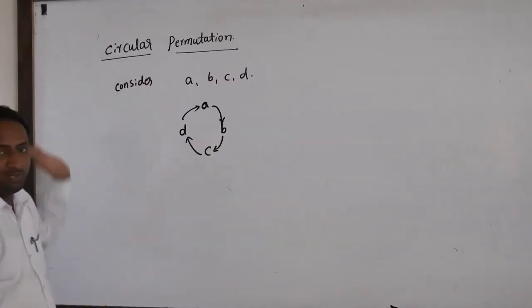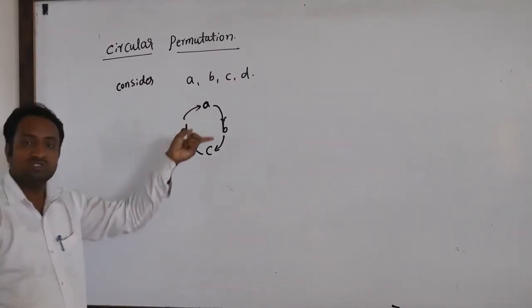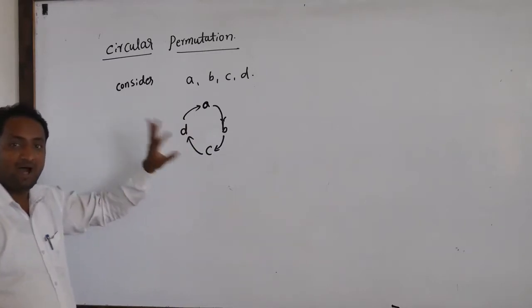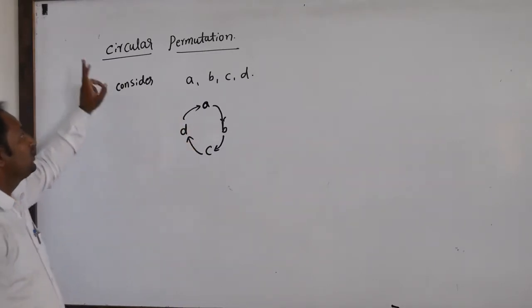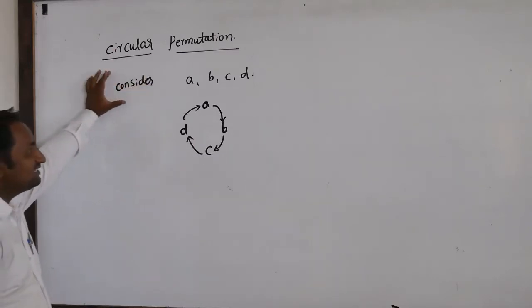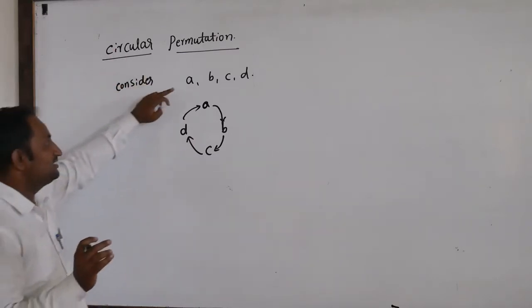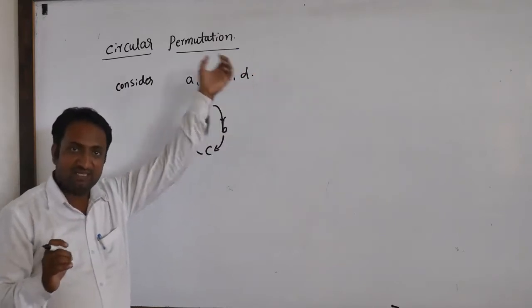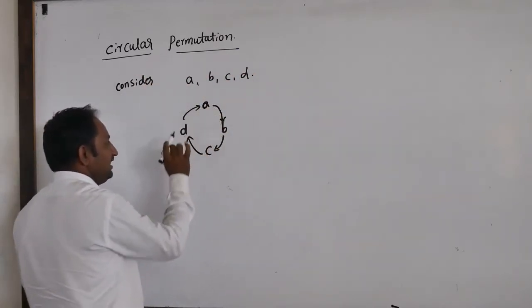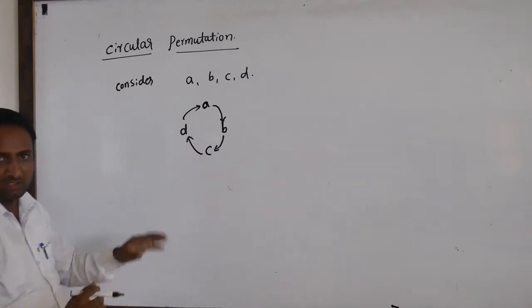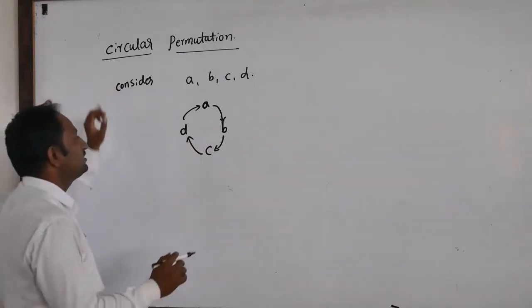Circular permutation means a closed path or circular path arrangement of given things. Consider the four elements A, B, C, D arranged in a circular path or closed path; that is called circular permutation.